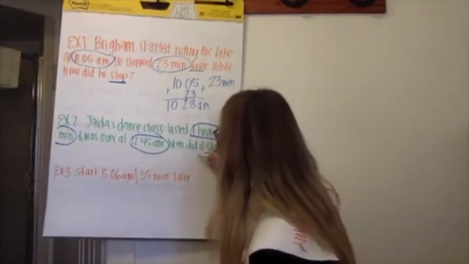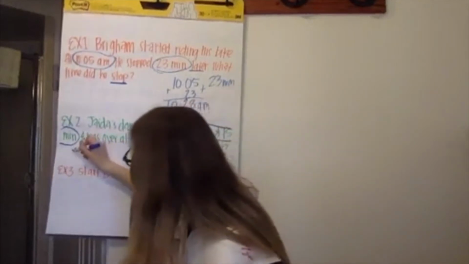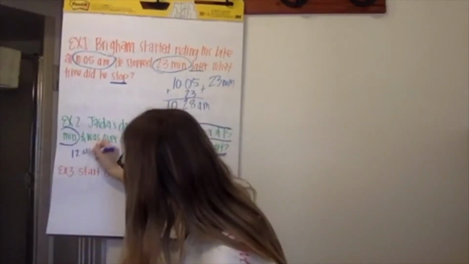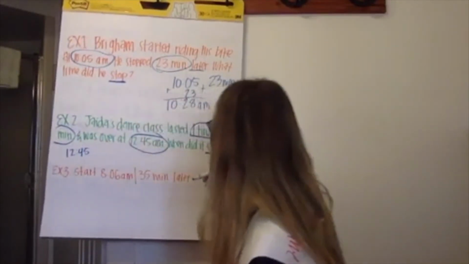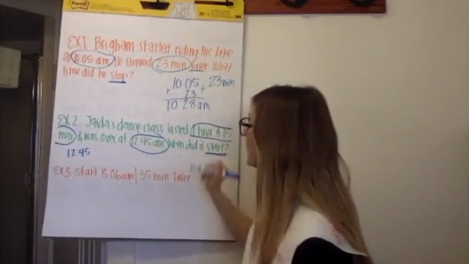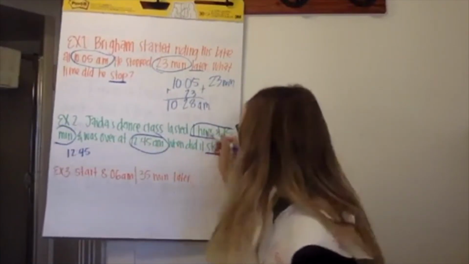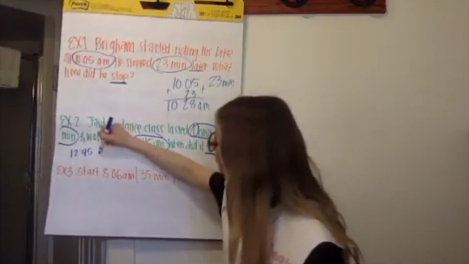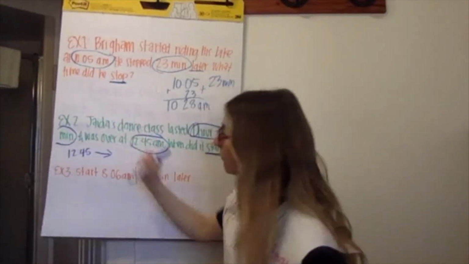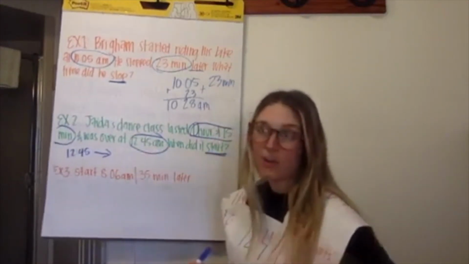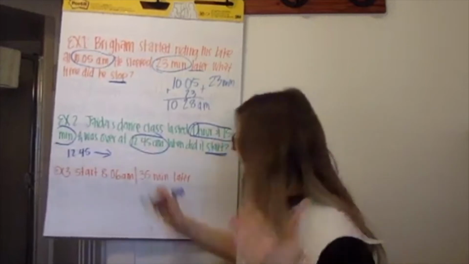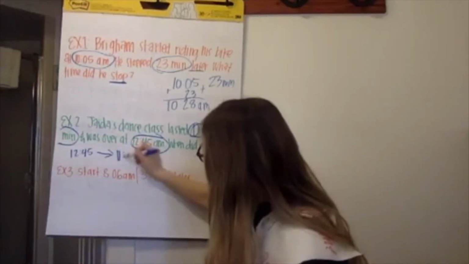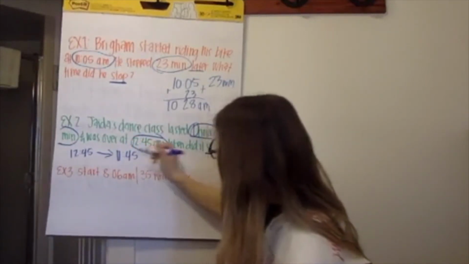If we are ending at 12:45, we want to get back to when it started. So we have 1 hour and 15 minutes. First we have to look at the 1 hour, okay? What is 1 hour before 12:45? 1 hour before 12 is 11:45. We don't have to change the minutes because we're just looking at the hours.